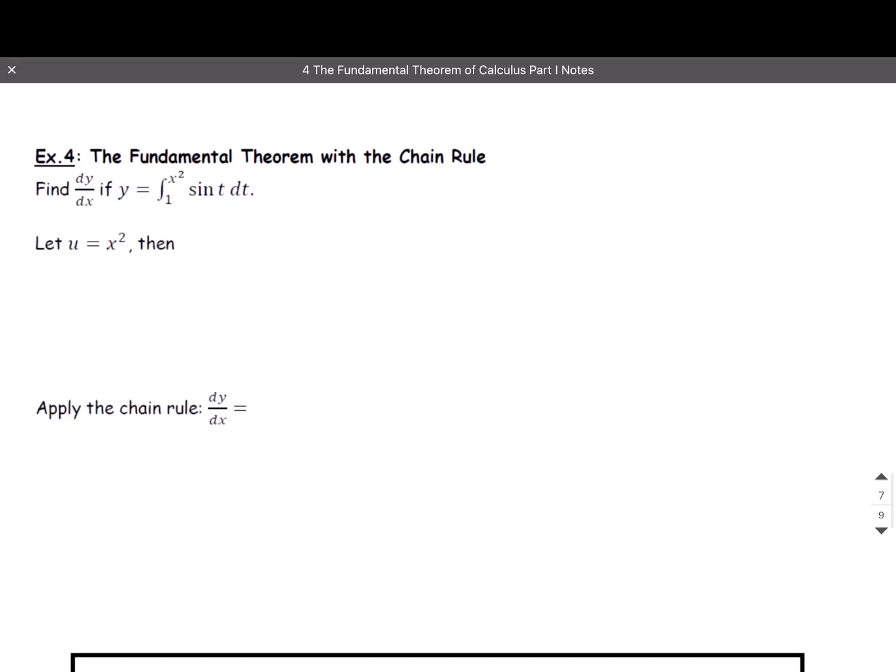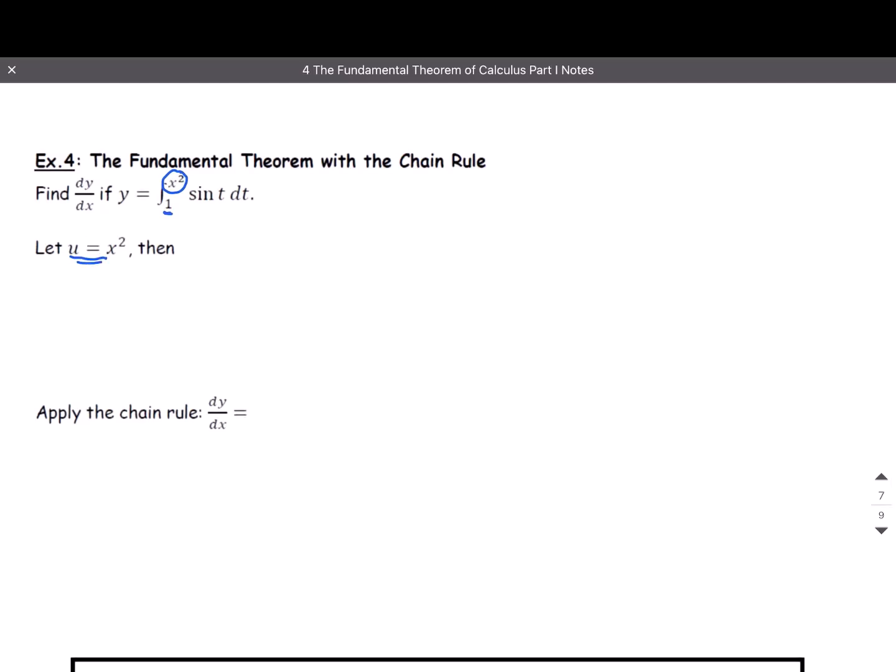Now notice we have a constant down here. Good. But this is an x squared, not an x. So we're going to let u equal x squared. That means then that y equals the integral from 1 to u of sine t dt, right?